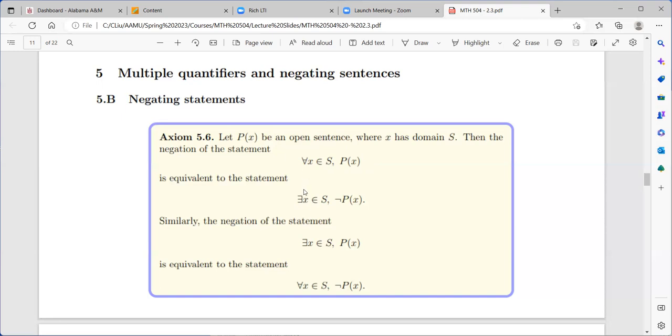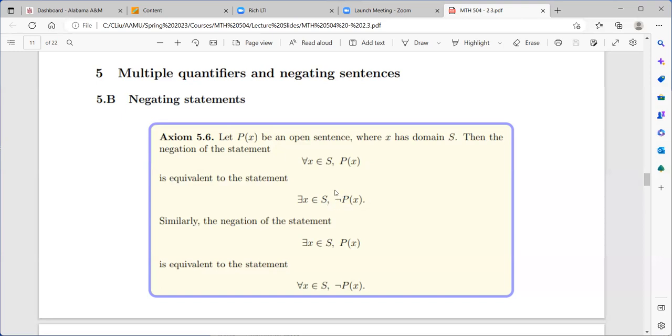So these are two quantifiers. When you negate, they just change to the other. At the same time, you also negate the open sentence P.